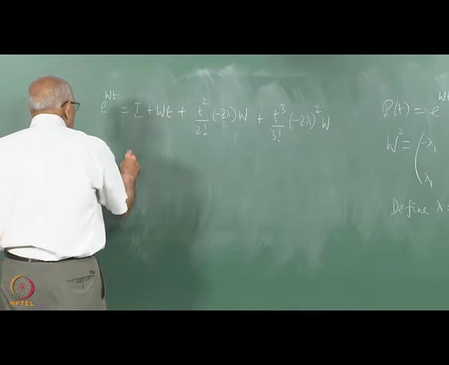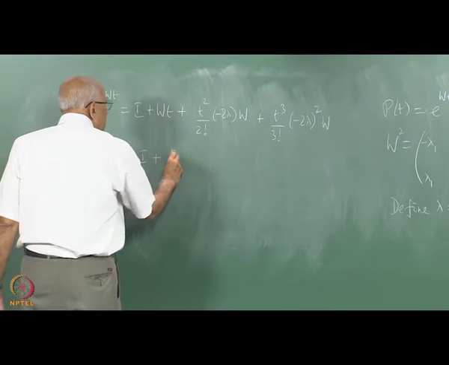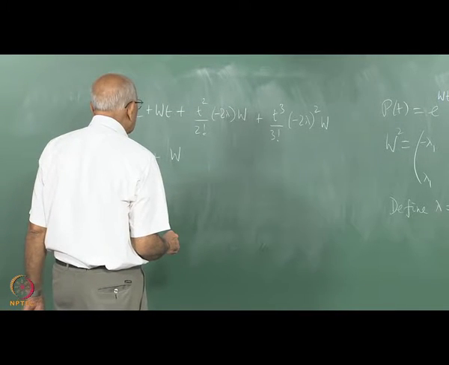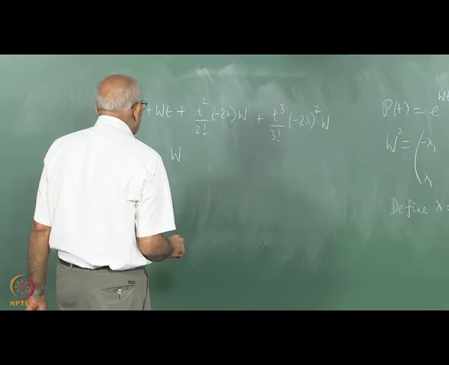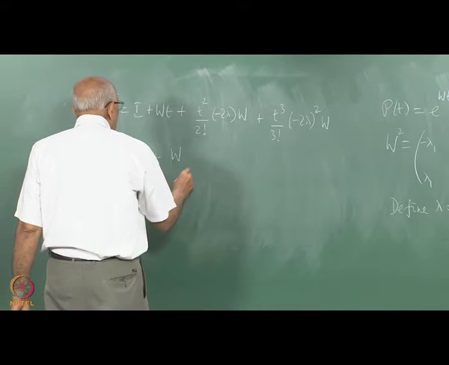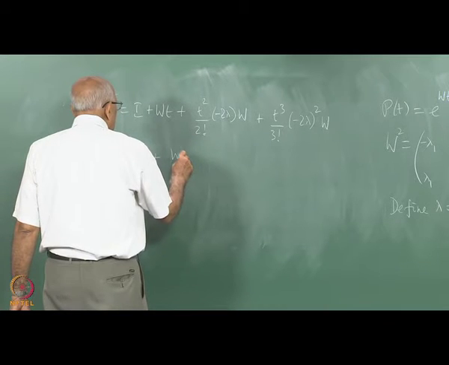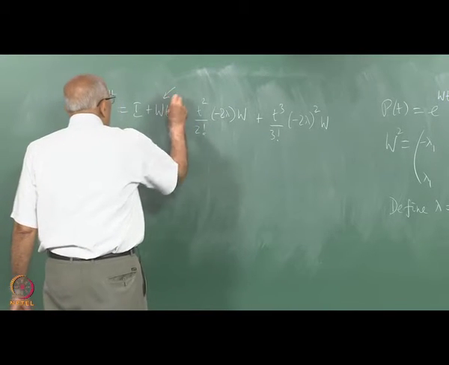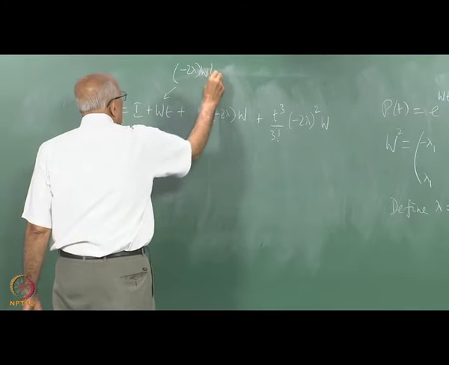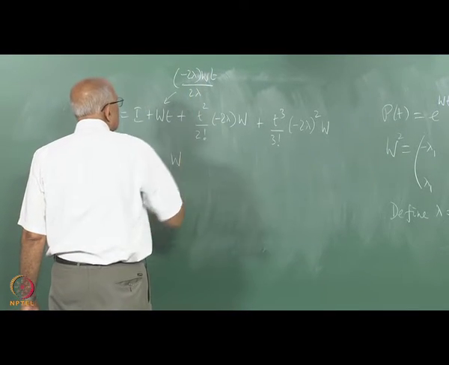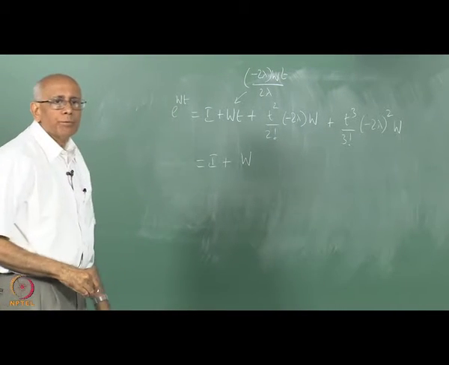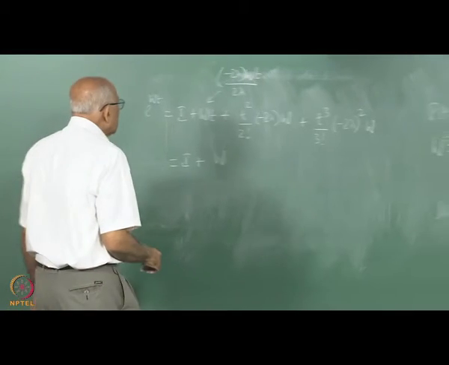So let us write this as I plus, let us take out the W, and then let us write this term as minus 2 lambda t divided by 2 lambda. Let's write it in that form.